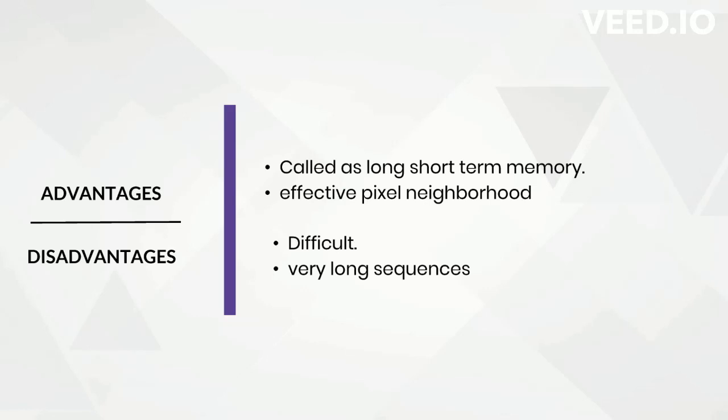It is useful in time series prediction only because of the feature to remember the previous inputs as well. This is called long short term memory. And the second advantage is recurrent neural networks are even used with convolutional layers to extend the effective pixel neighborhood.